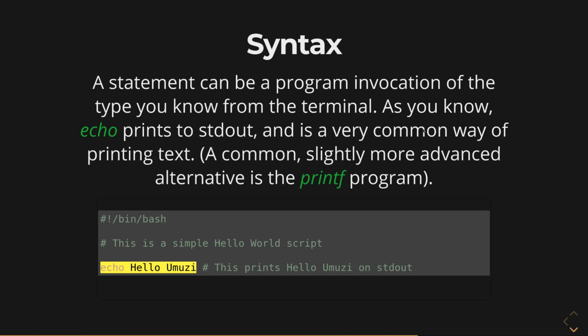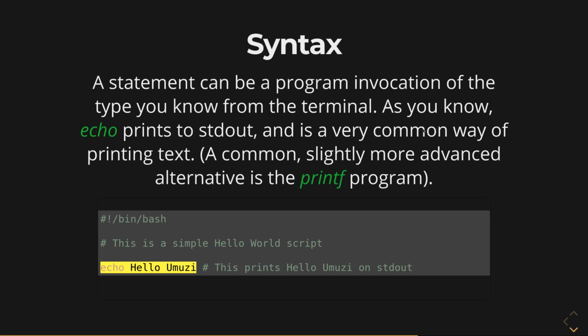Now, in a bash script, any statement that you write can be any valid program invocation that you would be able to type in your terminal. So the way that we've run ls and echo and lots of different programs, mkdir, wget, any of those can be typed on a single line, and they will do exactly what they would do if you ran that in your own terminal window.